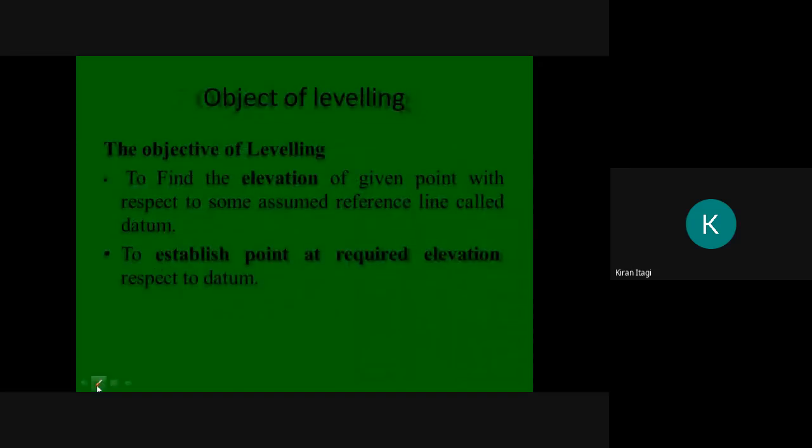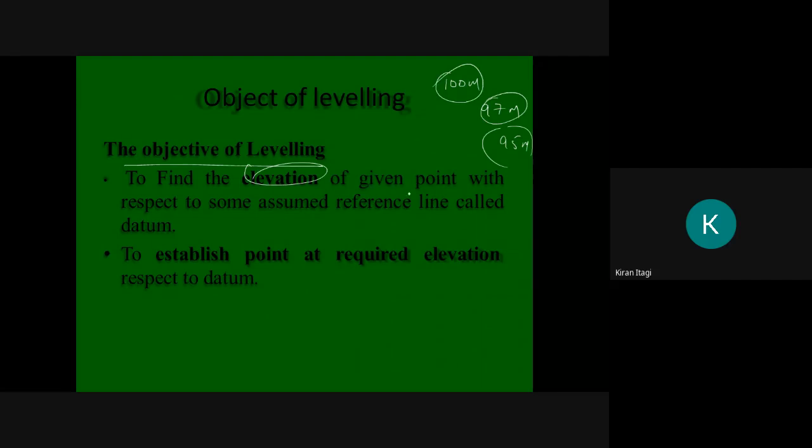Next, the objective of leveling. The objective of leveling is to find the elevation. That is, I have said that 100 meter, 97 meter, 95 meter, these are the levels, to find the elevation of a given point with respect to some assumed reference line, called datum. This 100 is the benchmark.